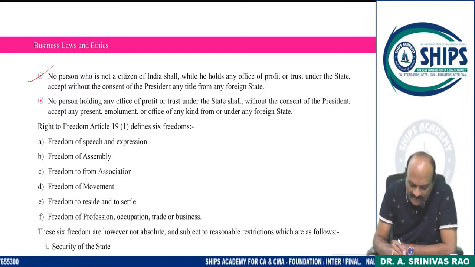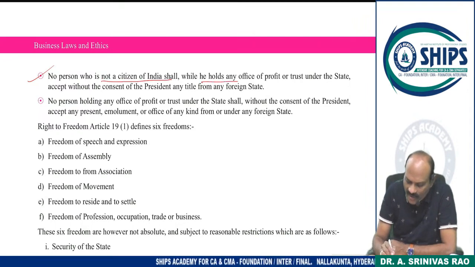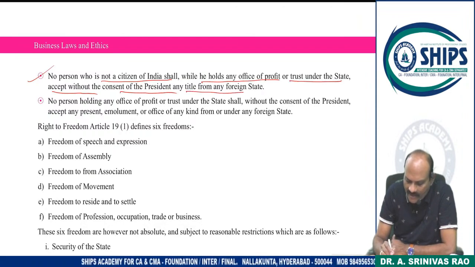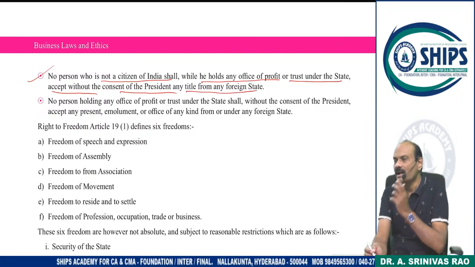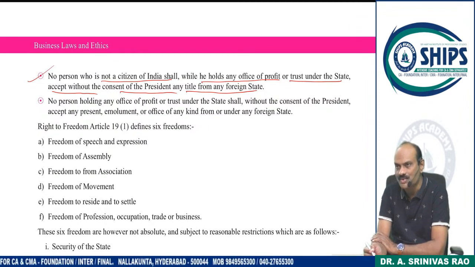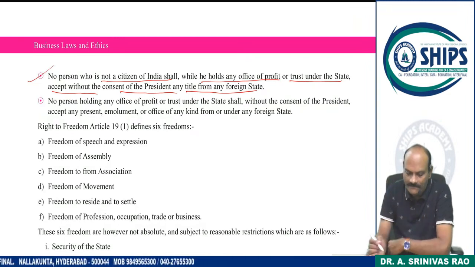No person who is not a citizen of India, meaning a foreign citizen, shall hold any office of profit or trust without the consent of the President, or a title of the foreign state. It means conflict of interest must not be there. One hand working for the foreign embassy, the other hand working in a trade or business, you cannot do so. That's why, if you remember who is a disqualified person, ambassadors and foreign citizens cannot enter into a competent contract.